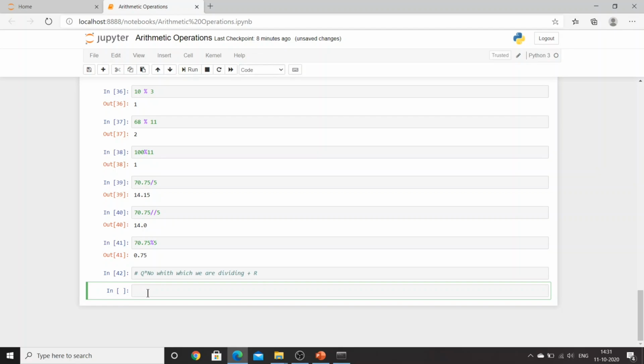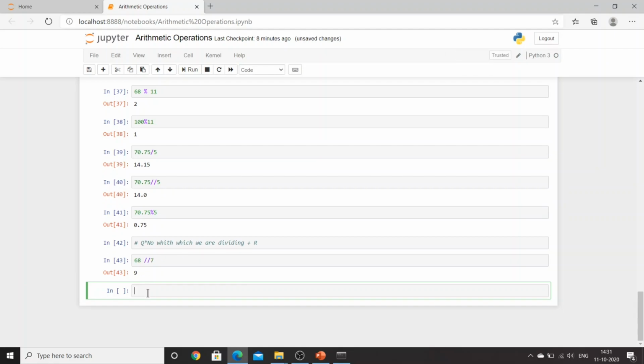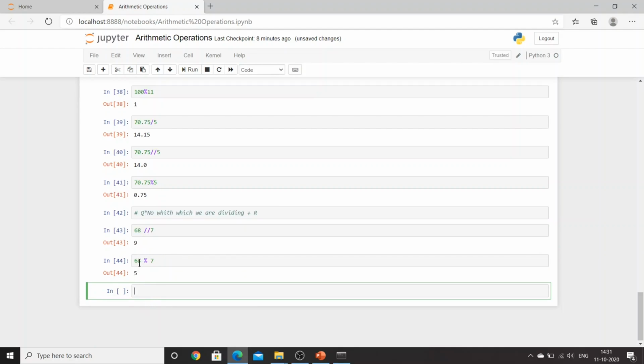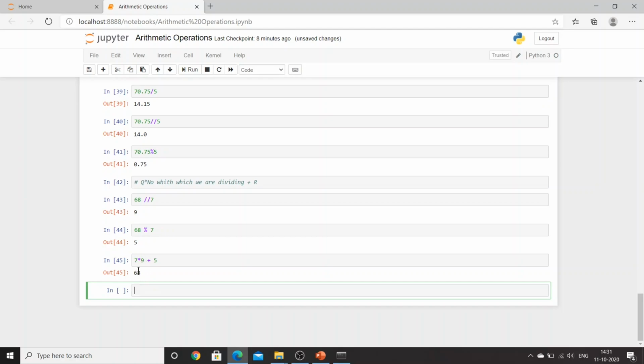I'm really sorry, the quotient will be 9 and 68 percentage 7 you will get 5. Now let's try 7 multiplied by 9 plus 5. What you will get is 68. So in this way, if you want to check that your quotient is correct and remainder is correct, you can try it this way.